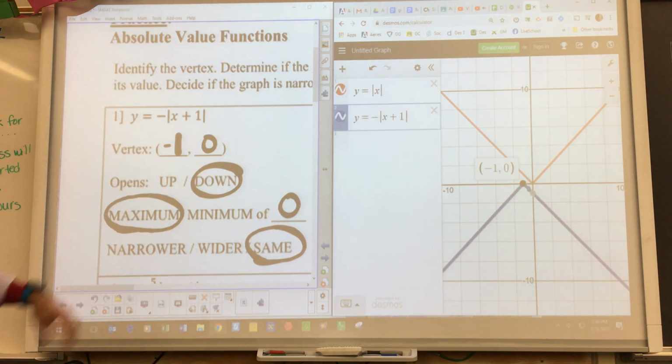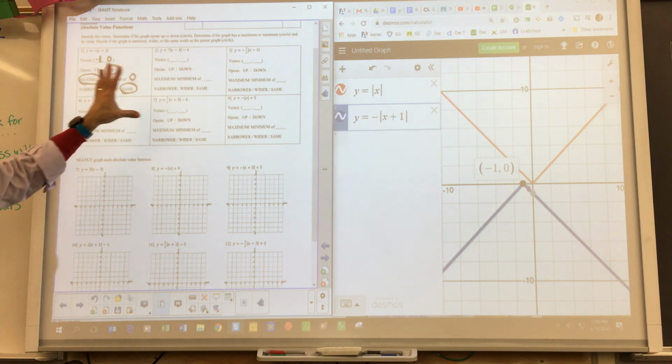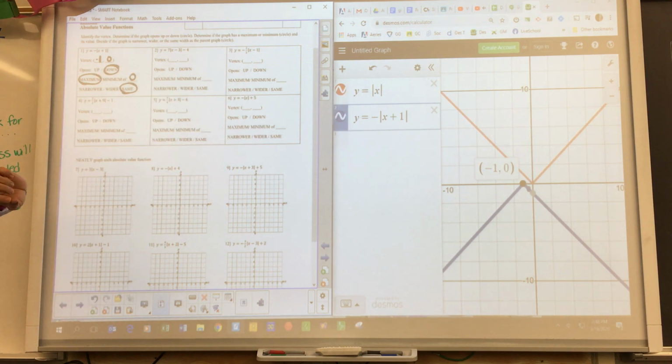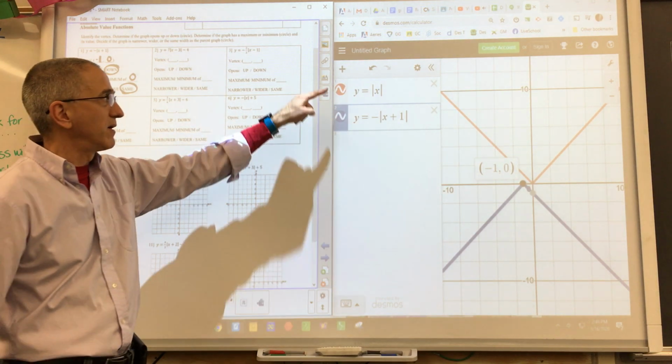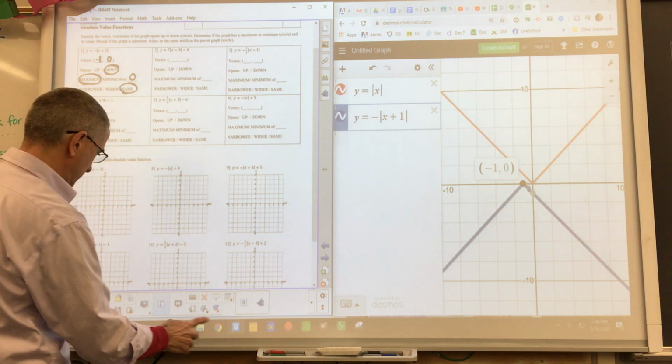And that's what I want you to do for all 6 of these. So answer these 6 questions using Desmos, comparing them to the original each time. Once you're done with that, I want you to go here and graph one of these guys. So I'm going to graph this one right now.